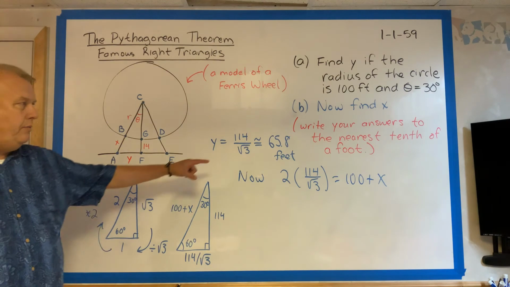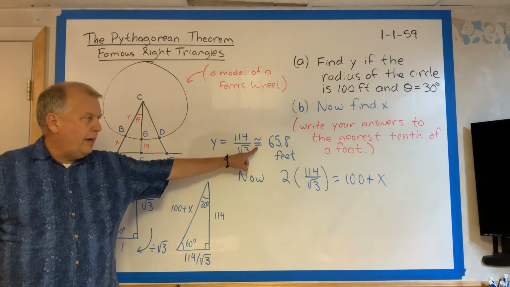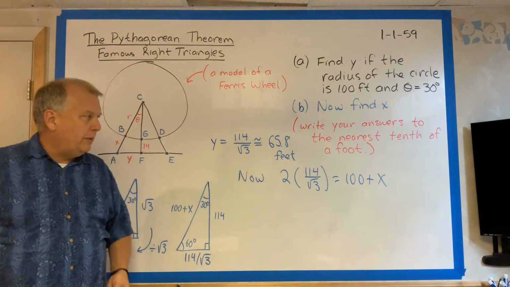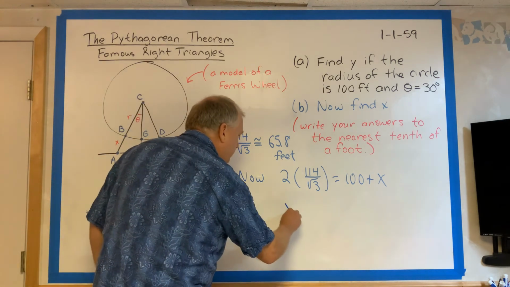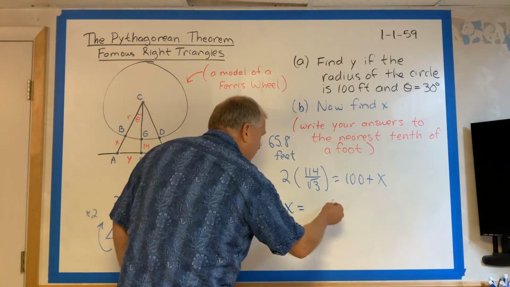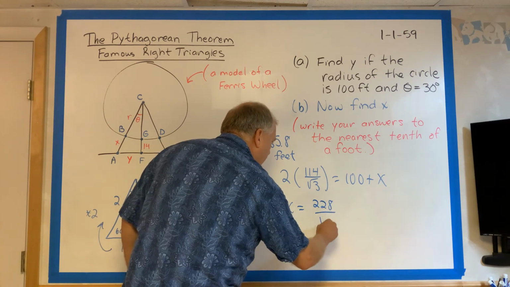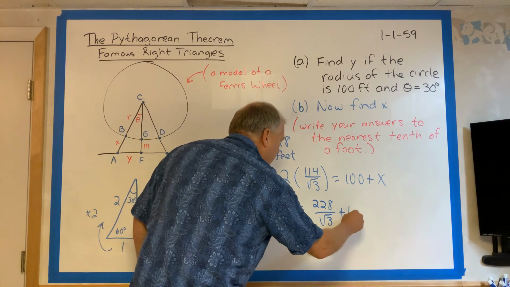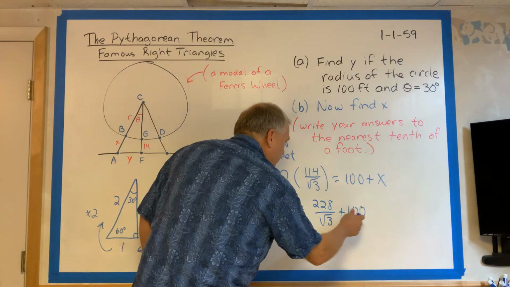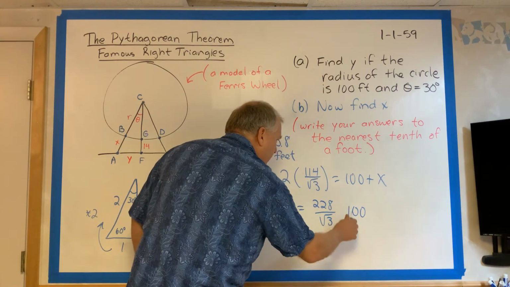Now let's not abbreviate or approximate yet. I can solve that for x just by subtracting 100. x is 228, that's 2 times 114 divided by the square root of 3, minus, make sure I subtract correctly, 100.